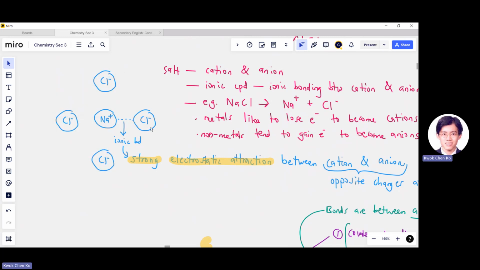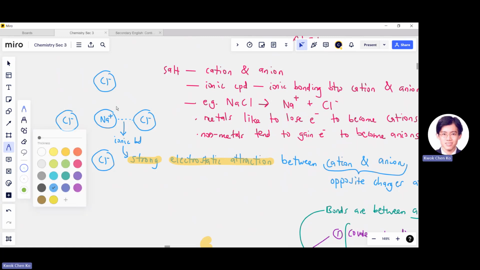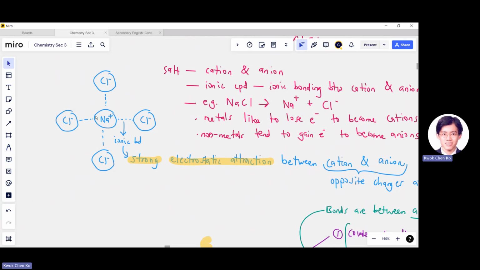Okay, these two are not just by themselves. They are surrounded by other ions too in a certain pattern. So you don't need to know the pattern. And therefore, there's also an ionic bond here, here, and there. Okay, so keep that in mind. An ionic bond is not just between two ions. It's between one ion and other opposite ions.